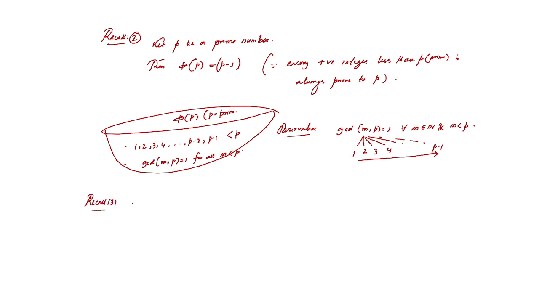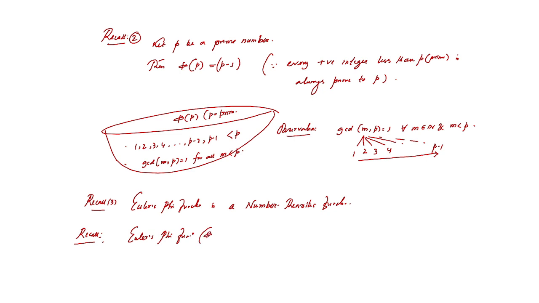Now our next important recall, recall 3: the Euler phi function is a number theoretic function. And recall 4: it is also a multiplicative function.